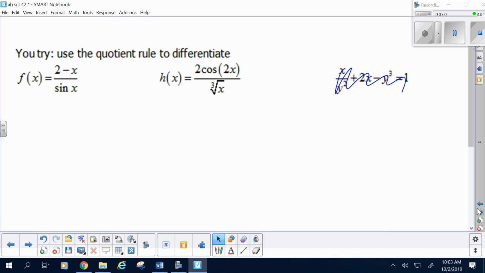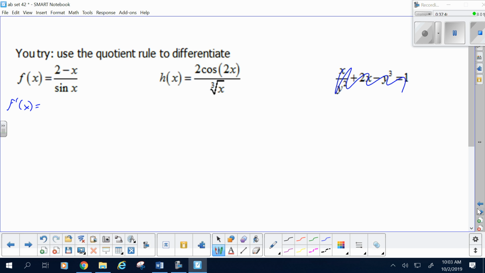It's low, d high, minus high, d low. As always, don't forget to give a label to it. That's the derivative you count.